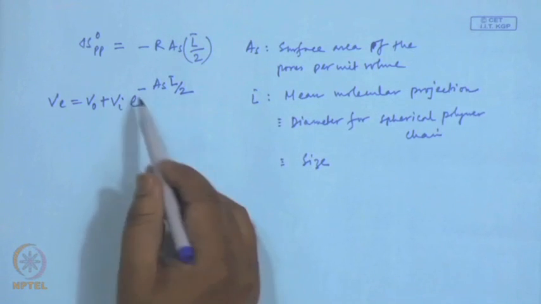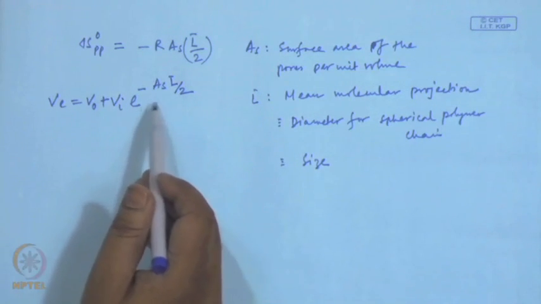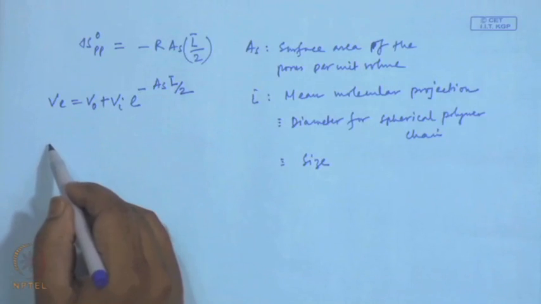So, this is the expression we can write, and which shows that V_E decreases.